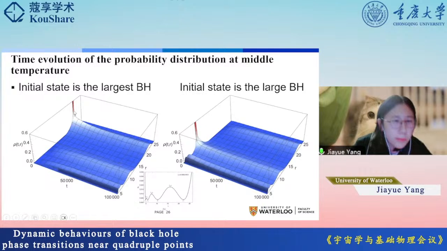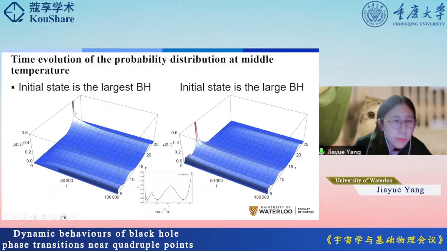And also, if we focus on the other three stable phases, the large black hole, the small black hole, and the smallest black hole, as we can see, the probability of the largest black hole leaks to the other three states.